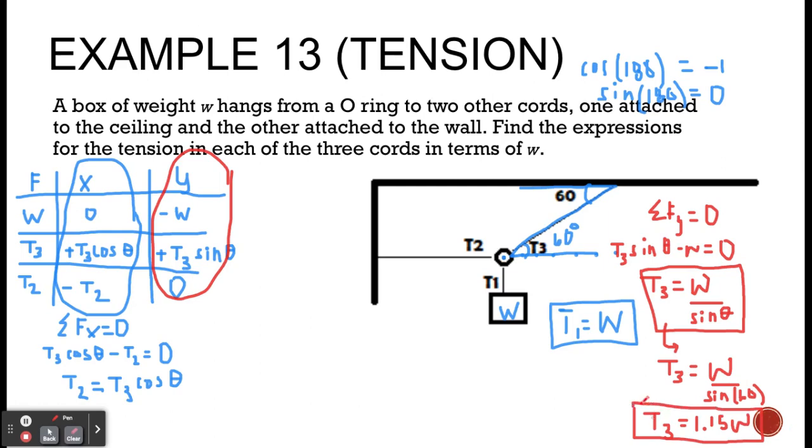Okay, so now that we have an expression for T3, we can go back over here and find an expression for T2 just in terms of W. So T3 is going to be 1.15 W, W as in weight, and then we're going to multiply that by the cosine of 60 and simplify.